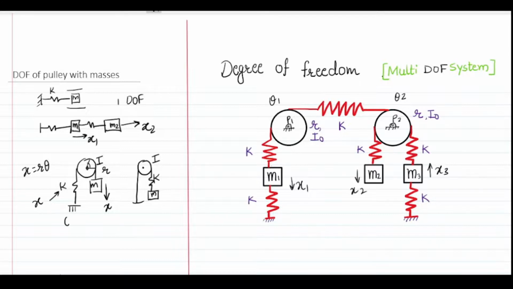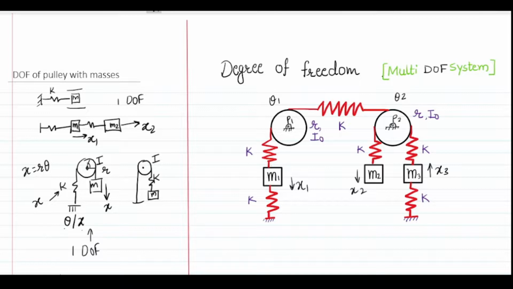That means either theta or x is sufficient to define the entire motion of your system. Theta and x are not independent, they are dependent, and the degree of freedom of this system is just 1.